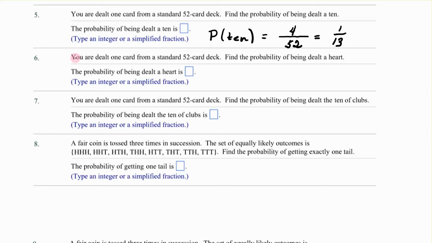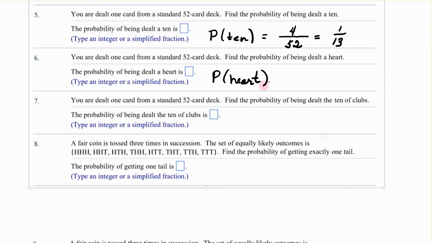Okay? Number 6, you are dealt 1 card from a standard 52 card deck. Find the probability of being dealt a heart. Probability of a heart. Well, there are 52 cards, again, 52 different cards.